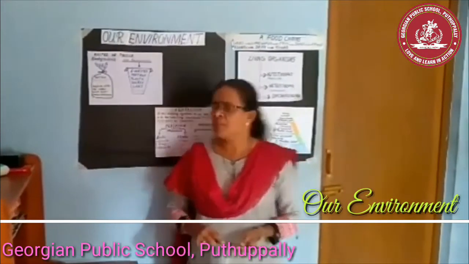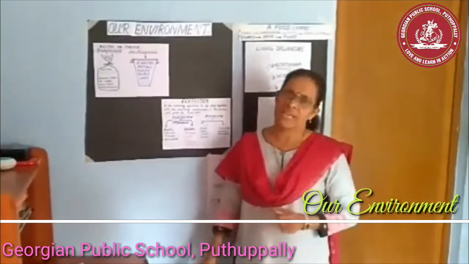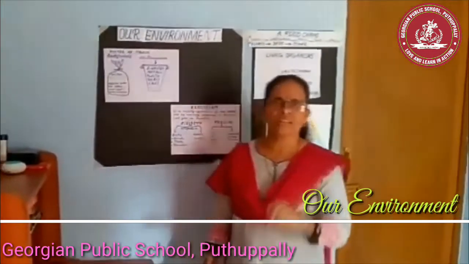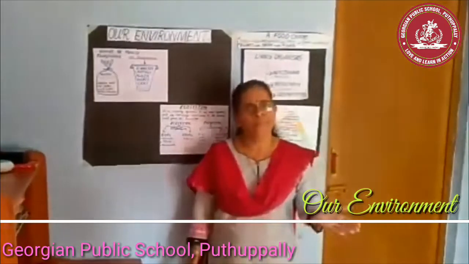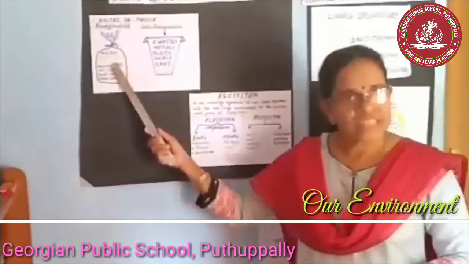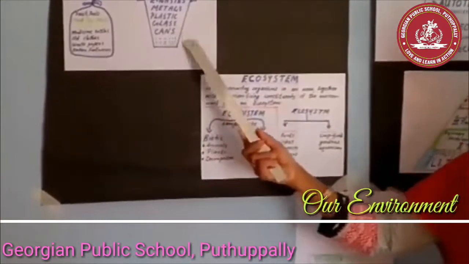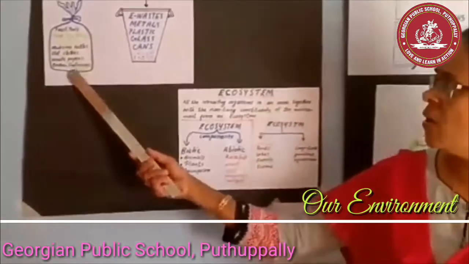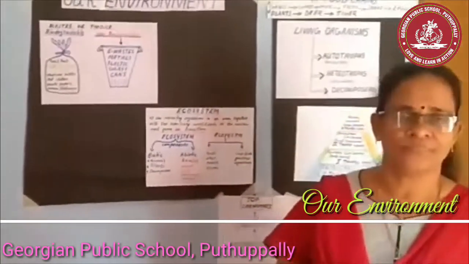Children, can you tell some of the waste materials we are producing in our day-to-day life? We know every day we are creating some type of waste or other. Can you list a few of them? Vegetable and fruit peels, used tea leaves, e-waste, plastic, glass, waste papers, medicine bottles, old clothes, broken footwear, and a lot.